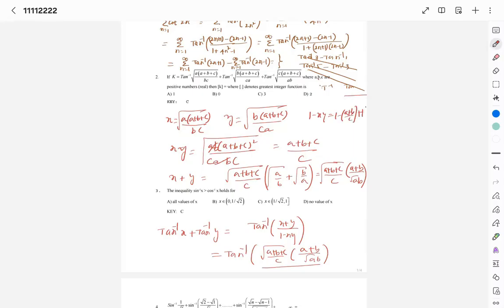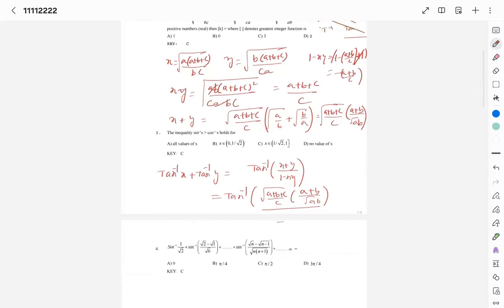My c by c is 1. This minus gets cancelled. Minus of a plus b by c. So a plus c gets cancelled.